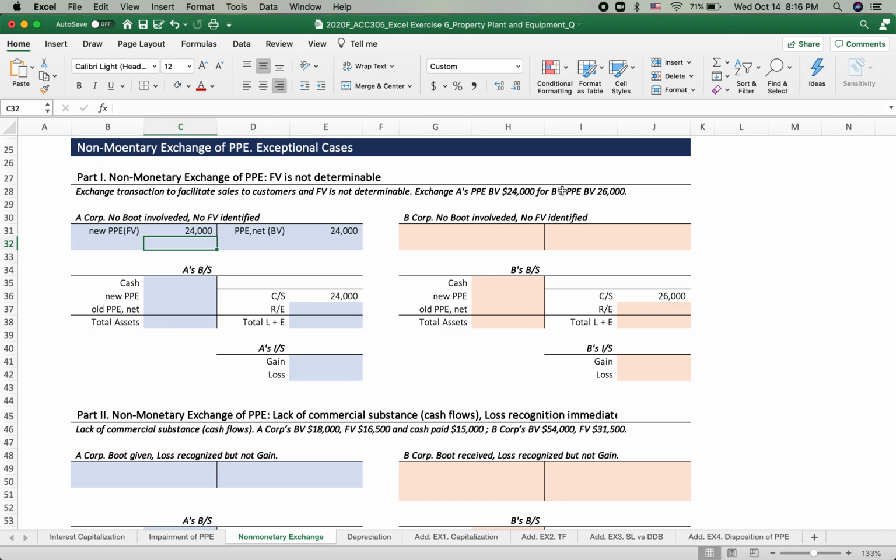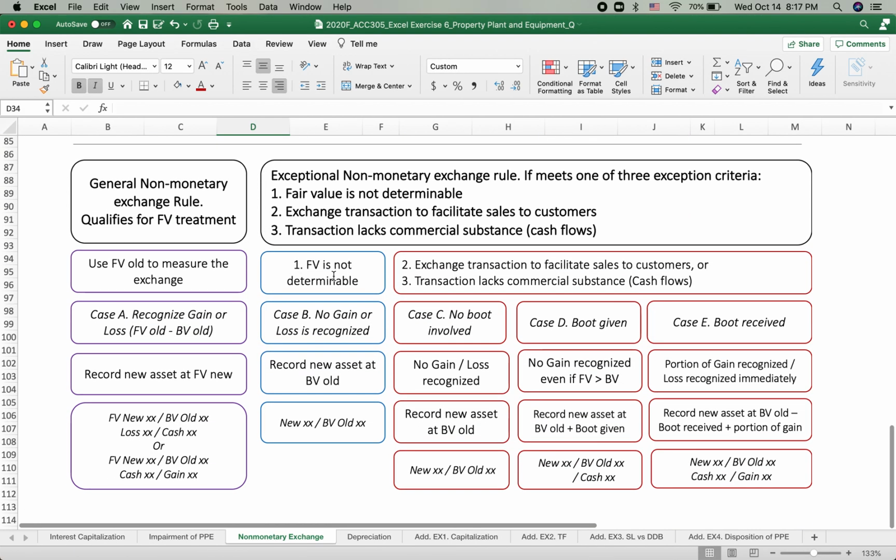Even though the B's PPE book value is $26,000, we don't care. Because we want to know the fair market value of the new PPE for the acquisition cost. But this book value is not the fair value of B's company. So we just put along with the book value of this old PPE. You guys understood? So this case is that one.